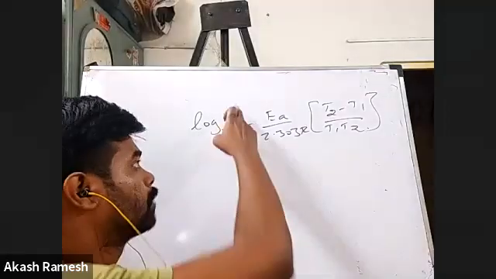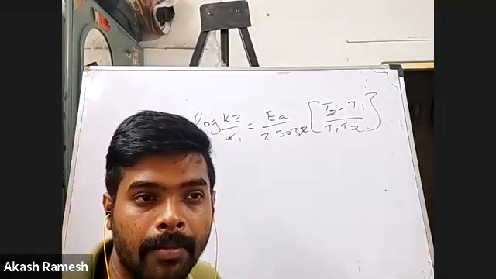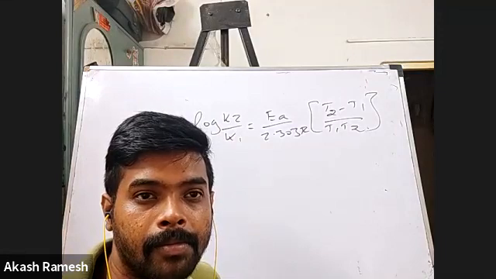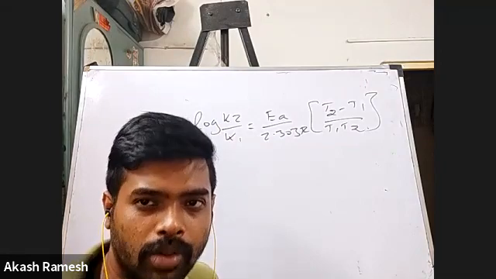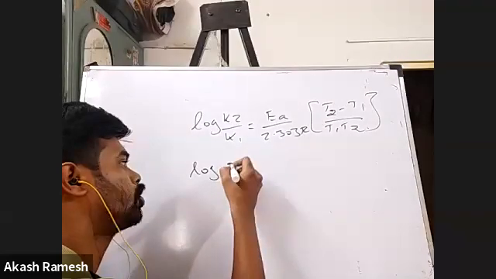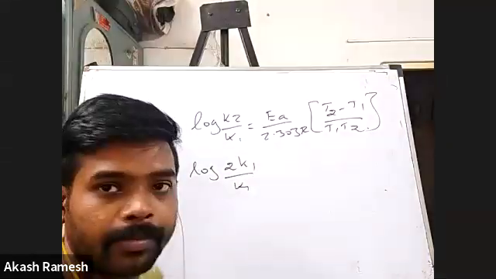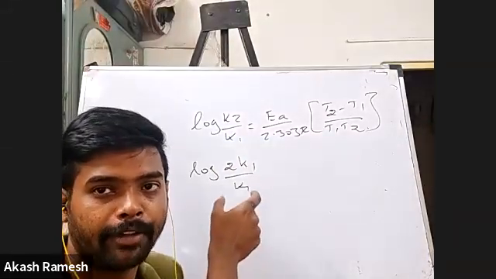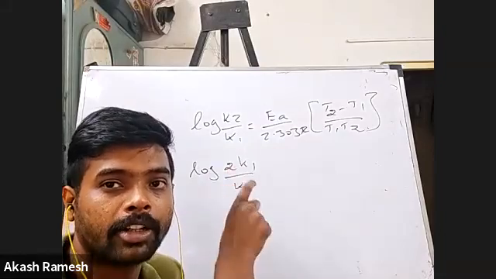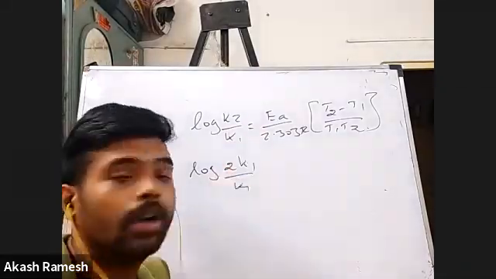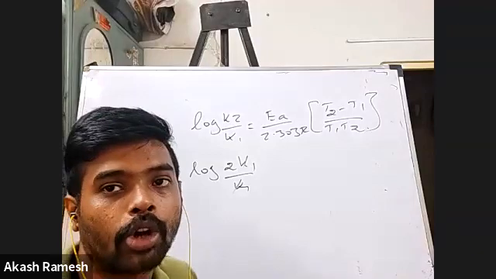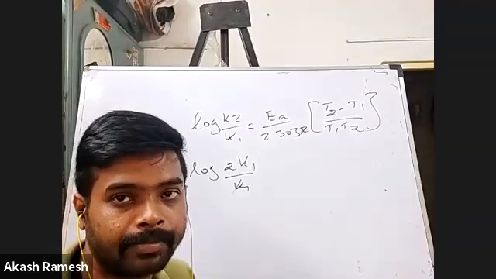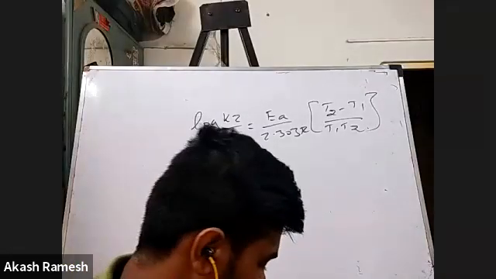So what will happen to K2 by K1? When the rate is doubled, the rate constant is also doubled. So I can write K2 as 2K1 by K1. The K1 was the initial when I have 300 Kelvin. Now when I go to 310 Kelvin, it is becoming doubled. That means K2 will be equal to 2 into K1. So obviously, I'll be able to cancel this out, so I'll have only log 2 on the left hand side. Right? Continue. Tell me the answer.